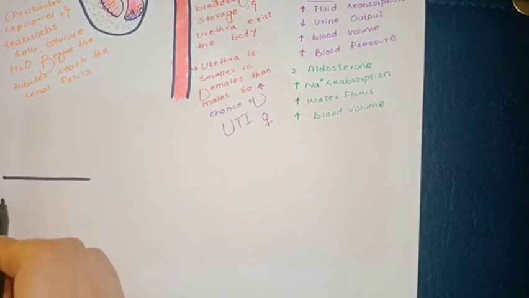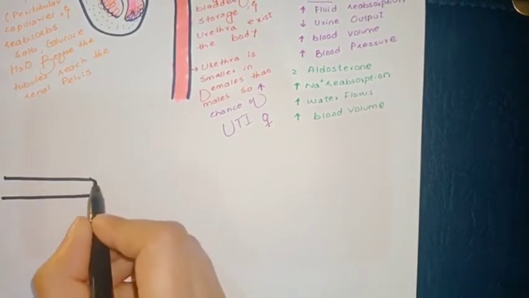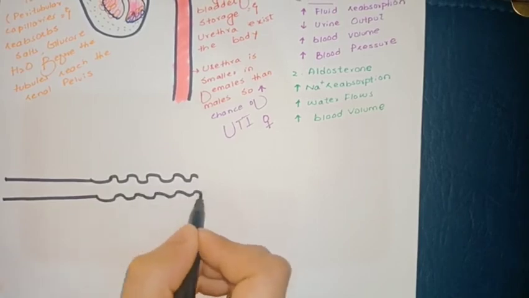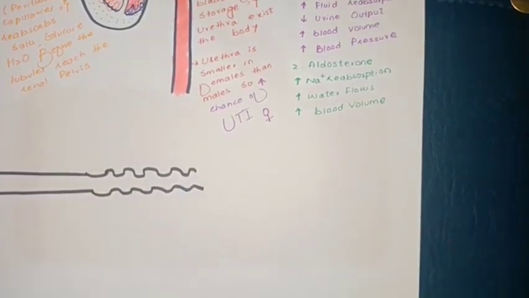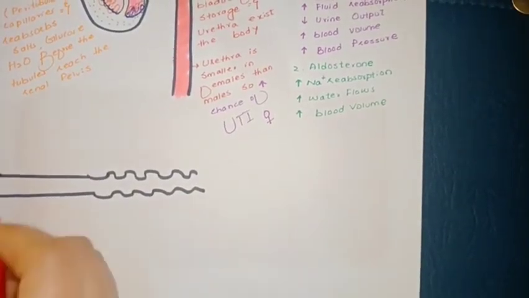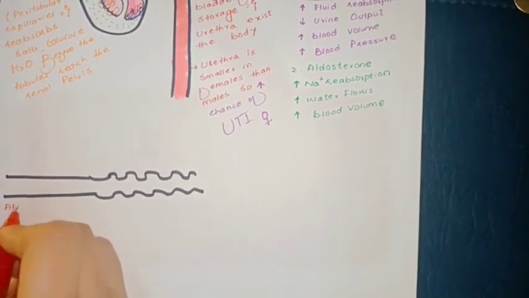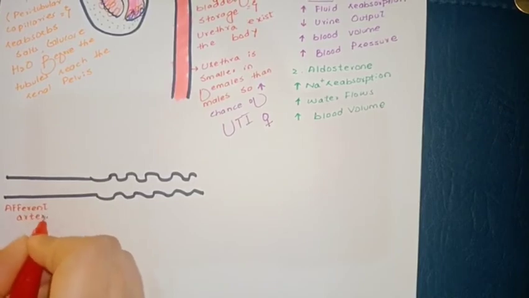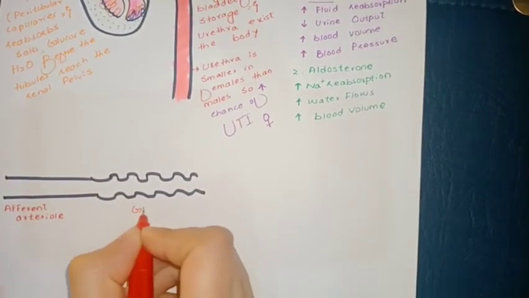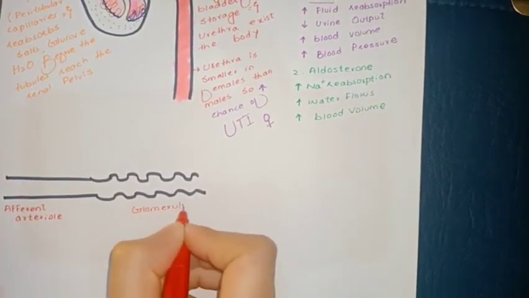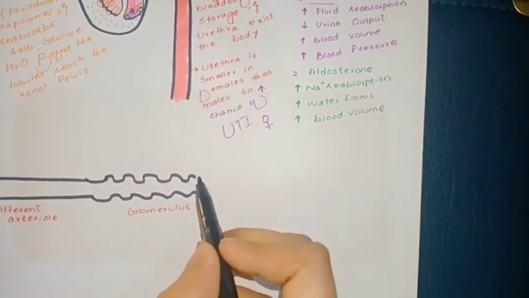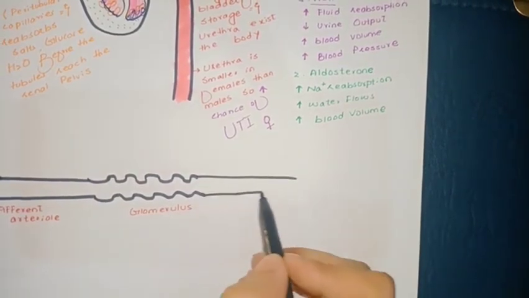Now I'm drawing this. This is the afferent arteriole. This is glomerulus, and this is the efferent arteriole.